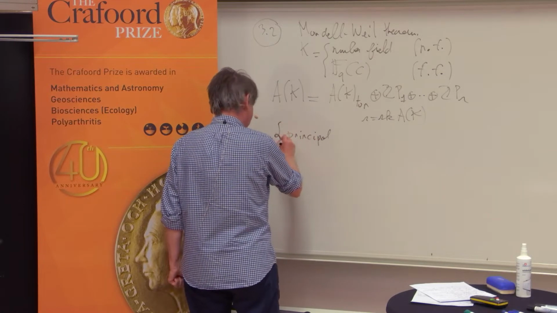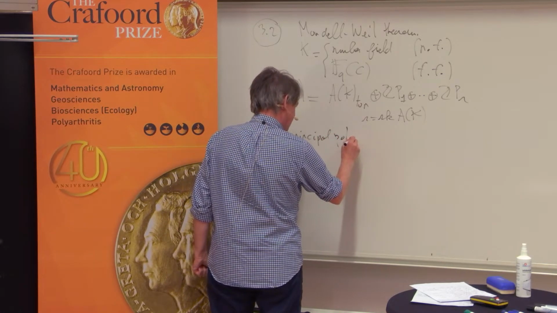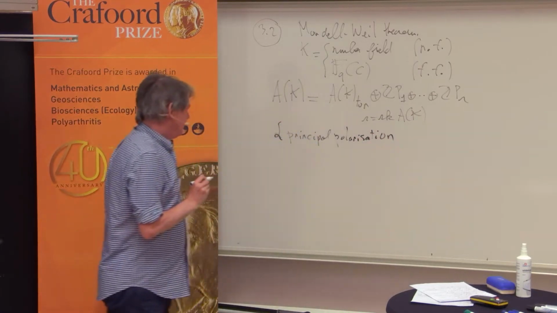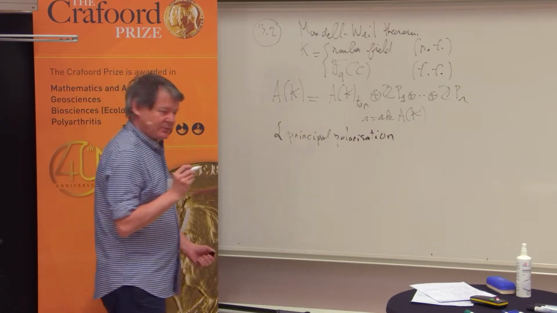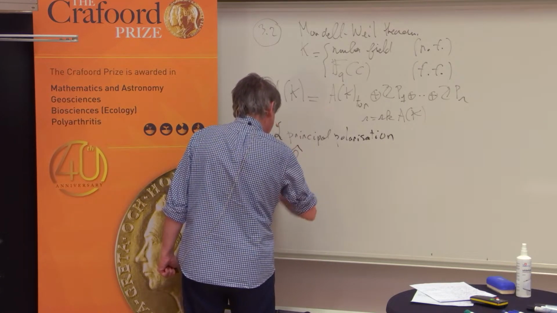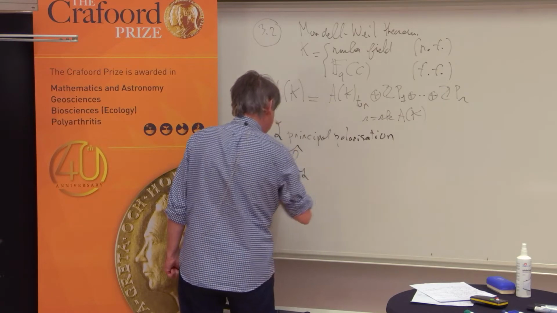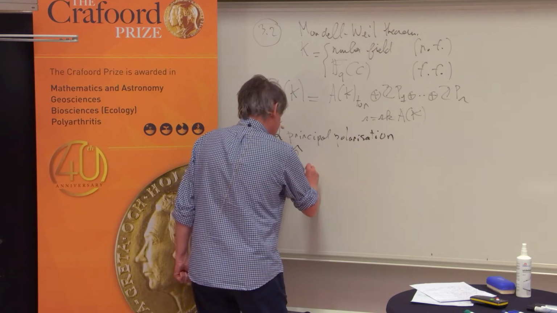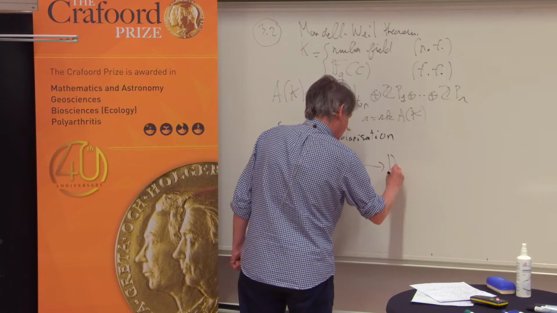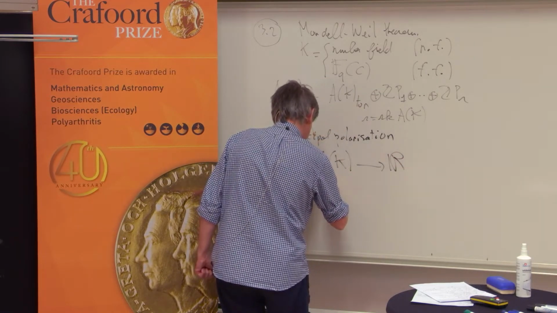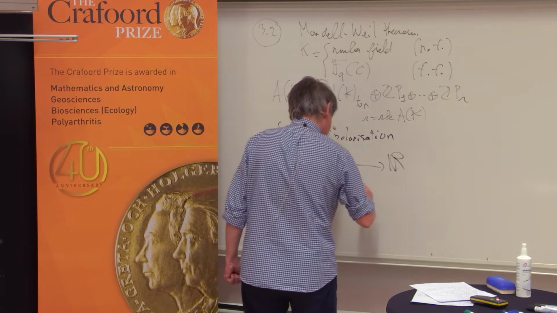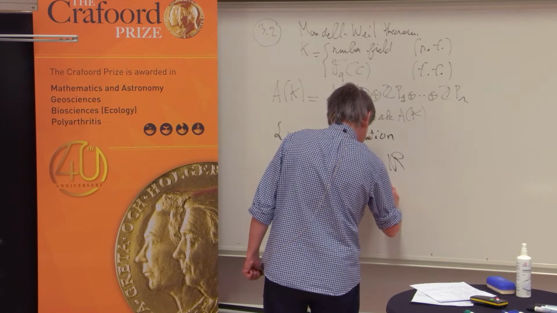I will call L a principal polarization, which you don't really need to know what it is. What you need to know is that this produces a canonical height that I will call HL. I will forget the L. It is a quadratic form, positive definite.